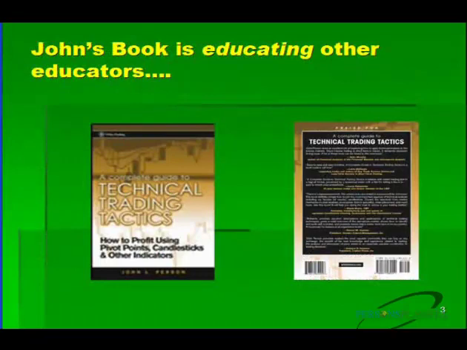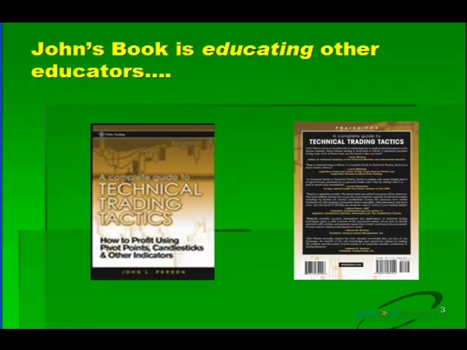First off, I'd like to point out that some of the things that many people have seen is my trading book, The Complete Guide to Technical Trading Tactics: How to Profit Using Pivot Points, Candlesticks, and Other Indicators. This is one of the first books ever to be written on combining pivot points and candlesticks. We had many people give us strong recommendations and endorsements for this book, such as John Murphy, Larry Williams, Larry Pesavento, Steve Nison, Dan Gramza and, of course, Ed Dobson.